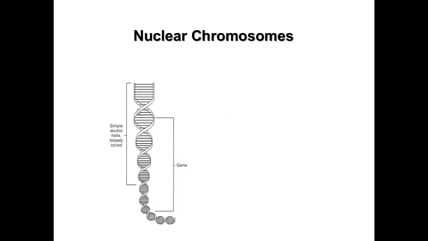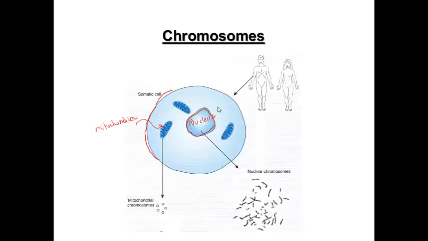So here, on the topic of nuclear chromosomes, if you recall from a previous slide, the nuclear chromosomes were depicted as a group of irregularly shaped lines with stripes. We'll go back here just to show you again. Okay, here they look like little striped noodles.